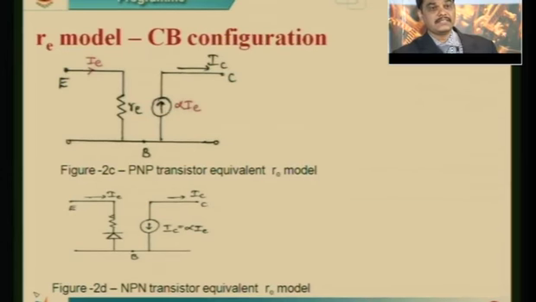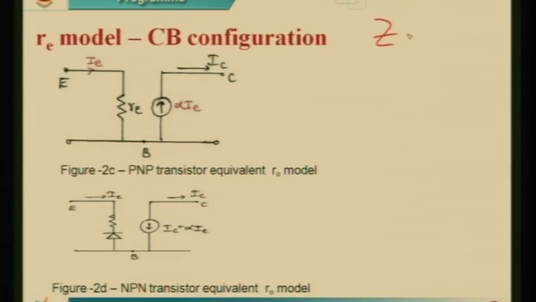It is necessary to determine which parameters you are going to evaluate. The major parameters are the input resistance Zi, output resistance Zo, voltage gain AV, and current gain AI. Then how do you determine these?